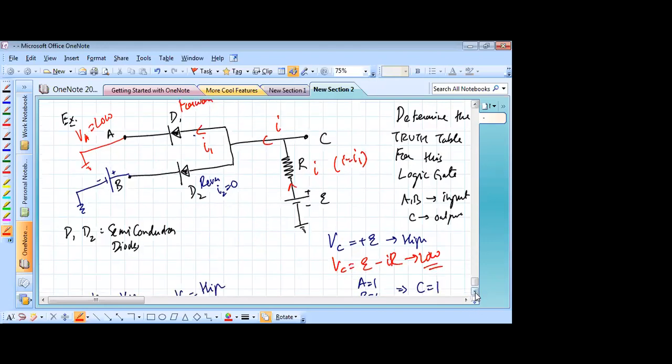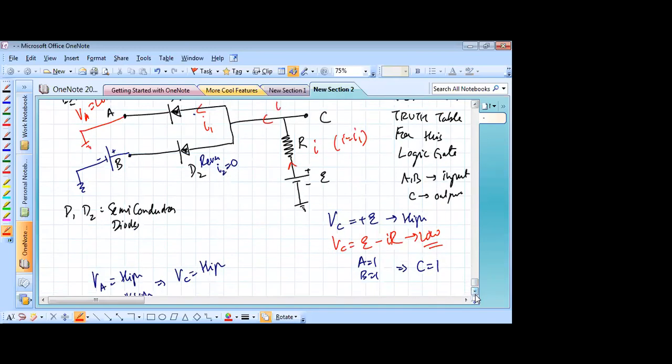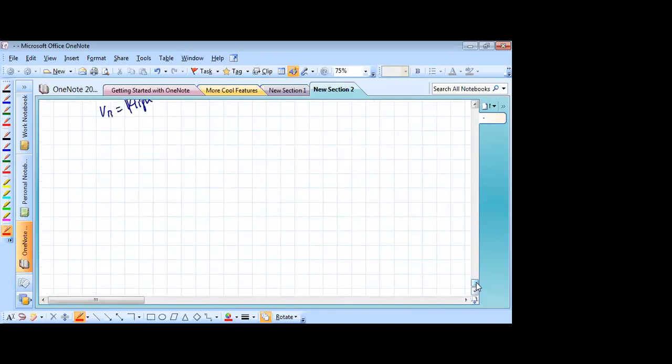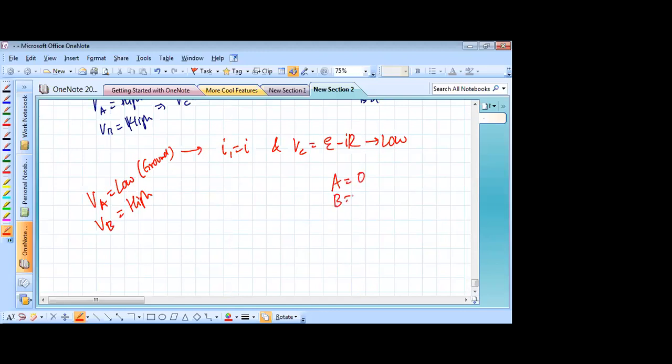So for VA being low or ground, VB being high, I1 is equal to I, and VC is equal to E minus IR, which is low. So this is giving me that A is equal to 0, B is equal to 1.